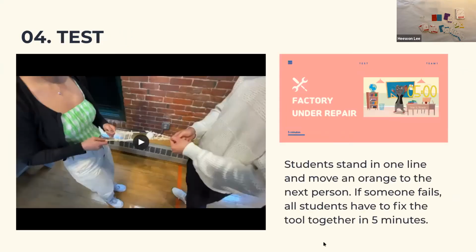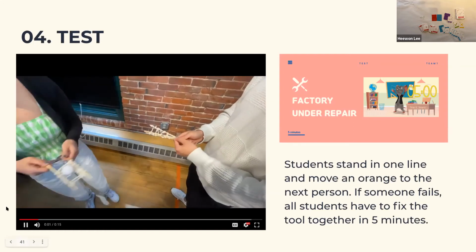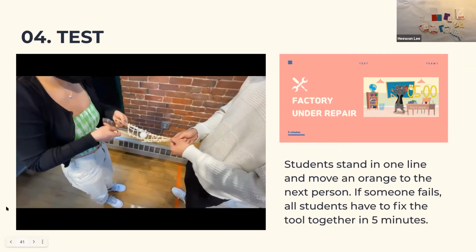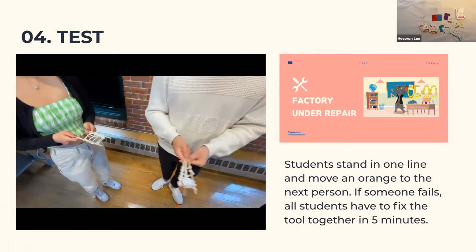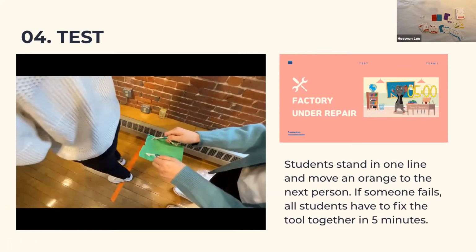And this is the test stage. Students stand in one line and move an orange to the next person. If someone drops the orange on the floor, they have to fix the tool together in 5 minutes. After the fixing session, they try out and test their tools again.